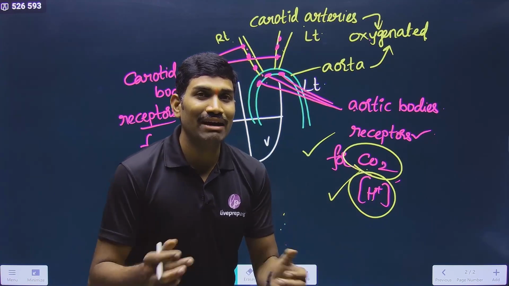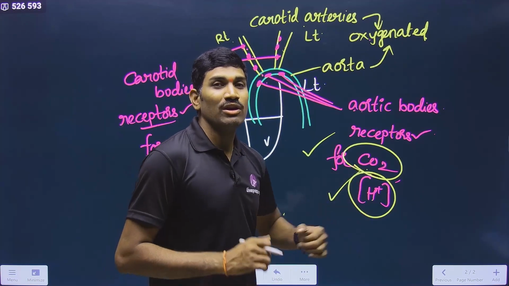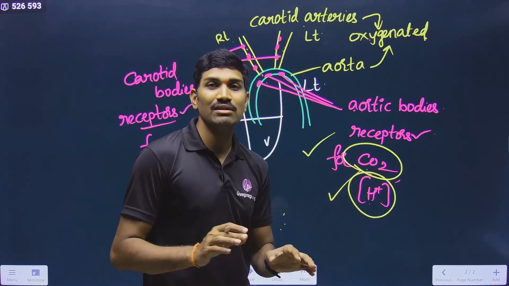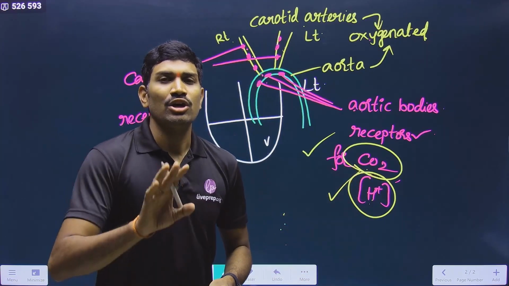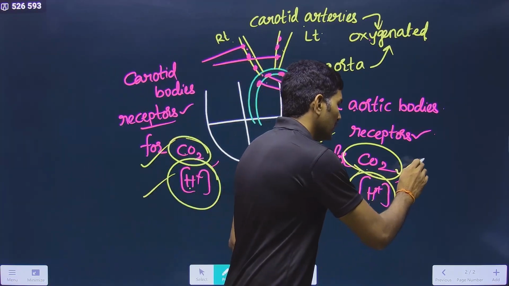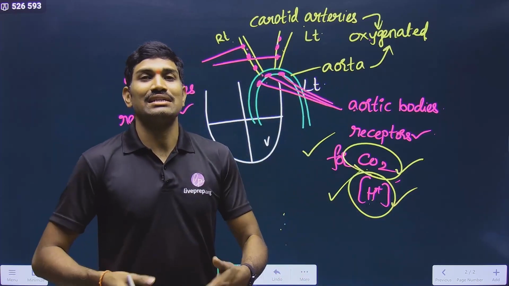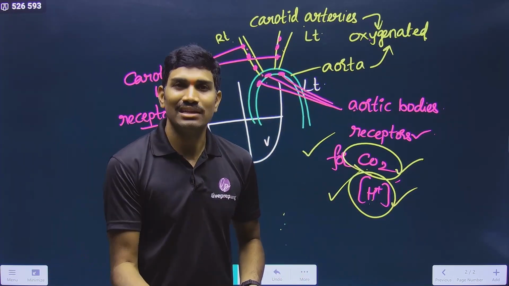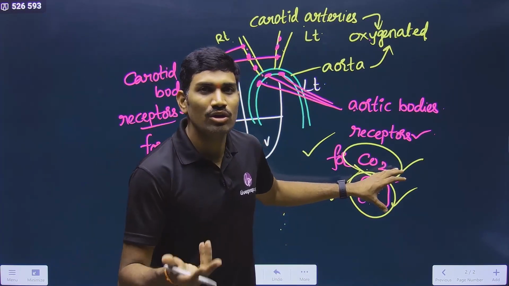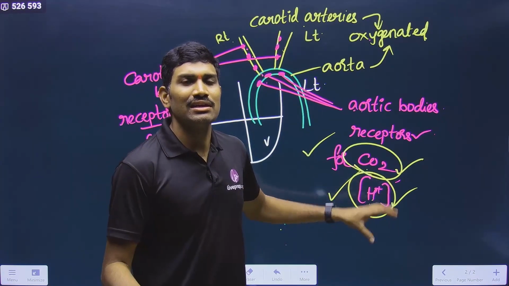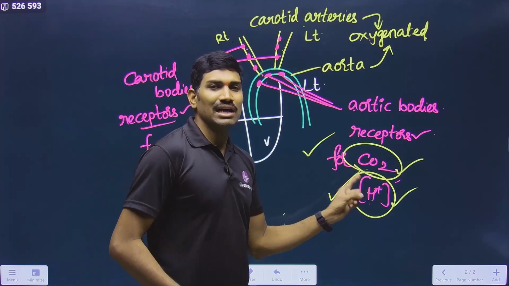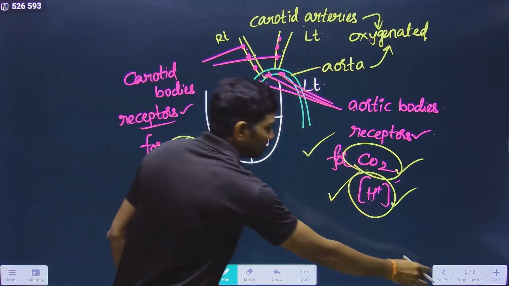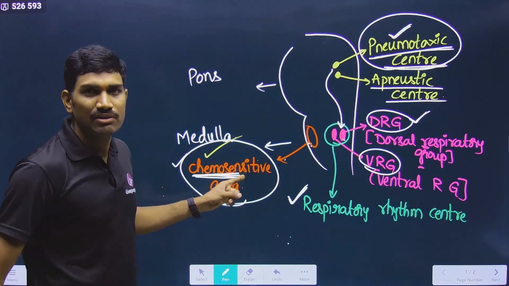So anyhow we are having the receptors for this. These receptors will measure the values of CO2 and H plus ion concentration. Now, if the CO2 and H plus ion concentrations are more, it means that indirectly in our body oxygen levels are less. So when these levels are more, information will be given to the chemosensitive area.